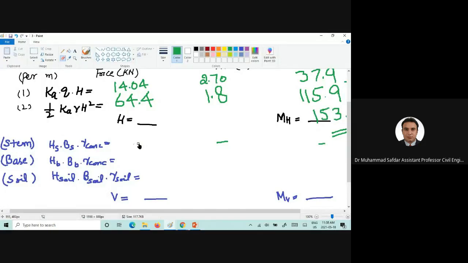Please give me the value for the weight of the stem, or the vertical force exerted by the stem of the retaining wall.